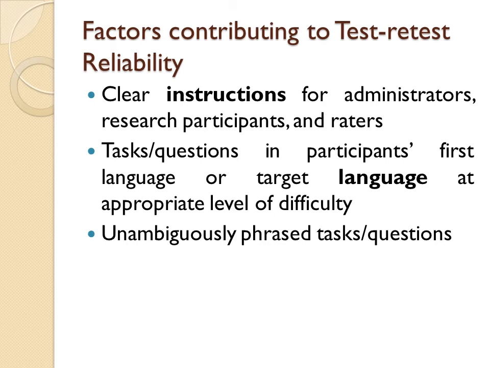Next one, tasks or questions to participants. First, language or target language at an appropriate level of difficulty. You also have to make sure that you use the same language the first time you give the task and the second time you give the test. Okay, you have to make sure that the language is the same.